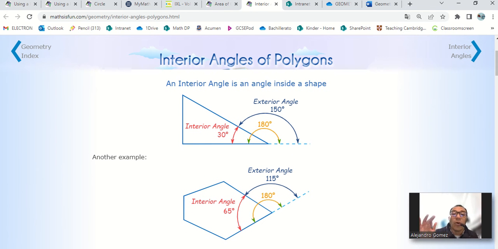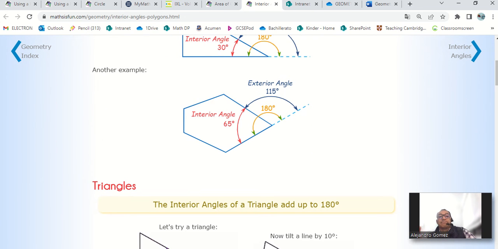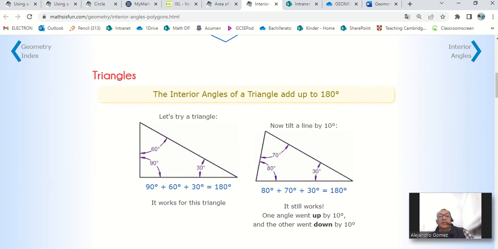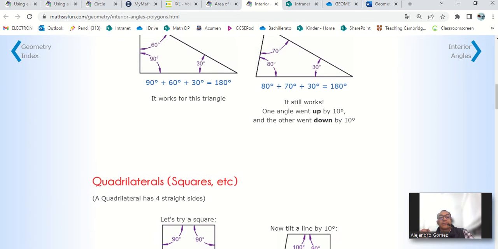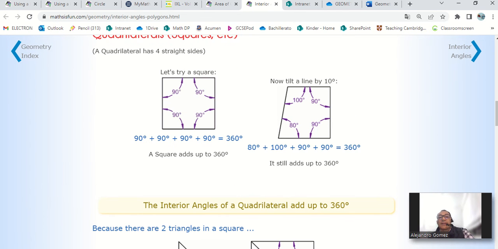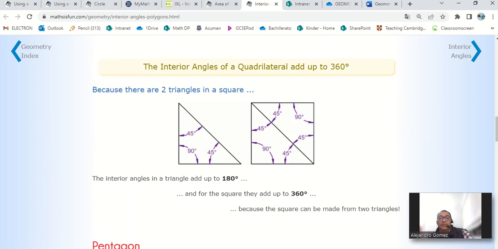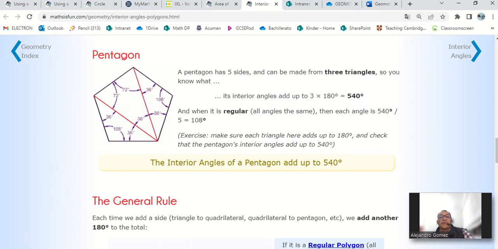Okay, so over here we have explanations on the addition of angles, how we can find the measurement of one missing angle in a triangle. And as a matter of fact, it works in quadrilaterals too. So there are beautiful explanations.